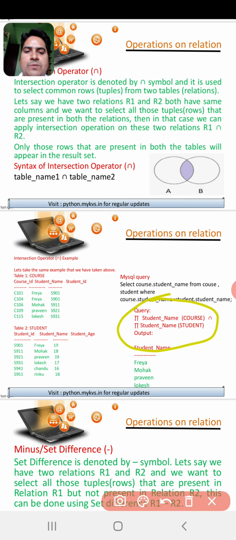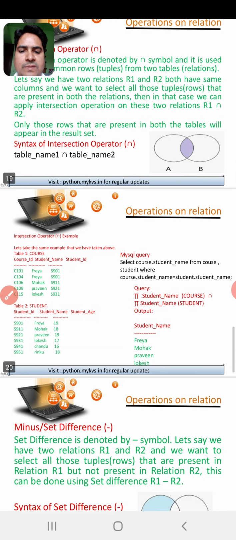Pi means to select a column, student name from course intersection student name from student. Common value will be taken, common name. A particular column is selected here. Since all the columns are not similar, a particular column is only selected. Common names are Priya, Mohak, Praveen, Lokesh. Clear?